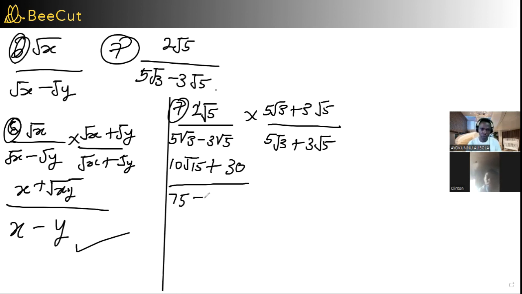And the second one, square 3 times 3, that's 9, and 9 times 5 is 45. Is that clear? So that will be 10 root 15 plus 30 over 75 minus 45.